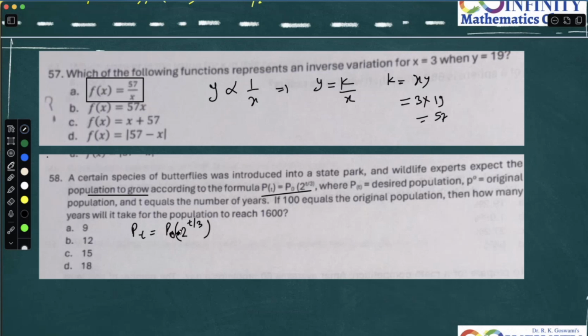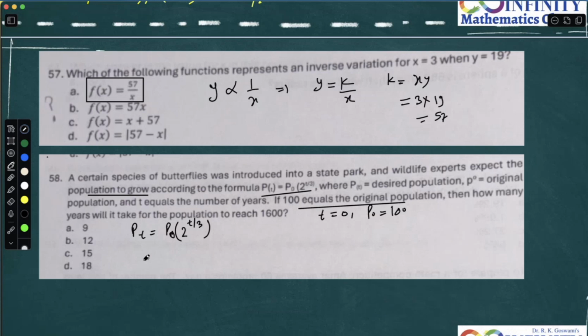100 equals the original population. That means at time t equals 0, P0 was 100. This is given to me. Then how many years will it take for the population to reach 1600?